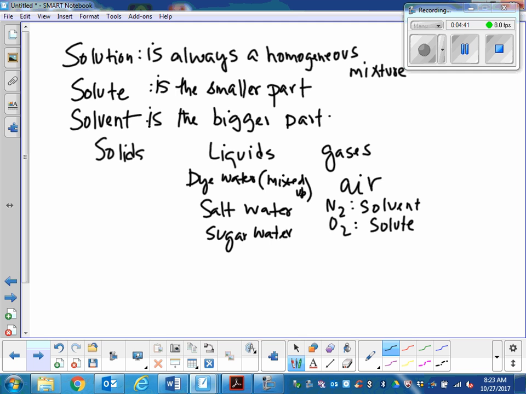Was it a solution? Was it uniform throughout? There were lumps of sulfur in it, right? You remember that, Neil? That's a heterogeneous mixture. We are talking about something that's uniform throughout. It should be a homogeneous mixture. What is an example of a solution that's a solid?